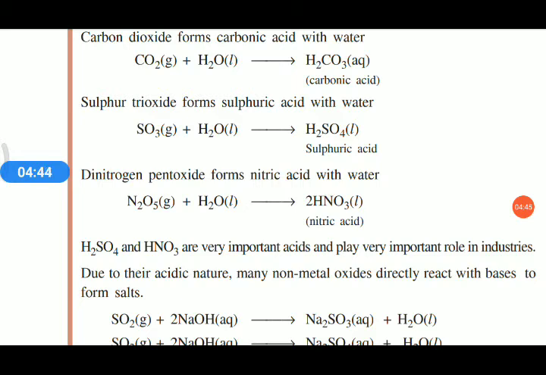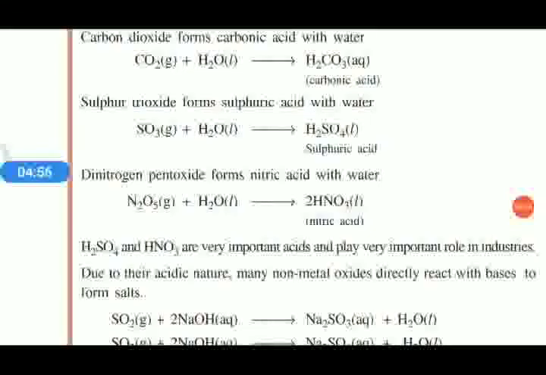All these, carbonic acid, sulfuric acid, nitric acid, we studied earlier about acid rain. Carbon dioxide, sulfur trioxide and dinitrogen pentoxide are all produced from the burning of fossil fuels, petrol, diesel, coal, etc. When our vehicles use fossil fuels, they produce all these three oxides.